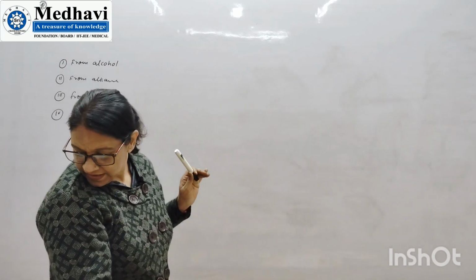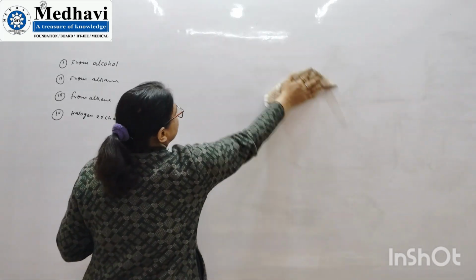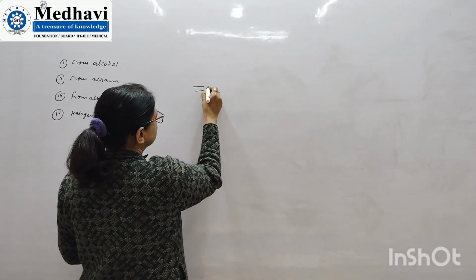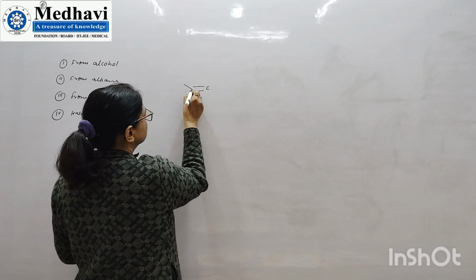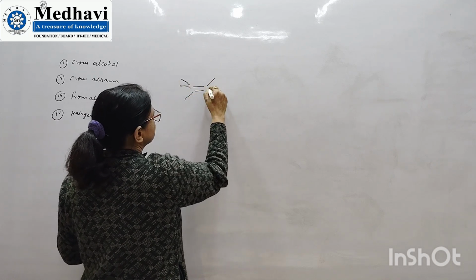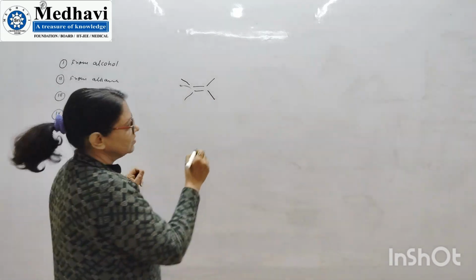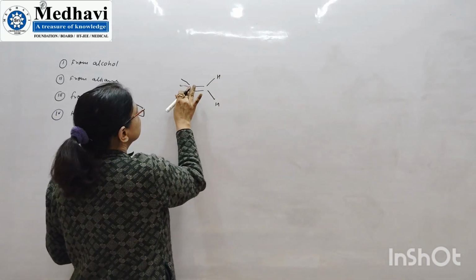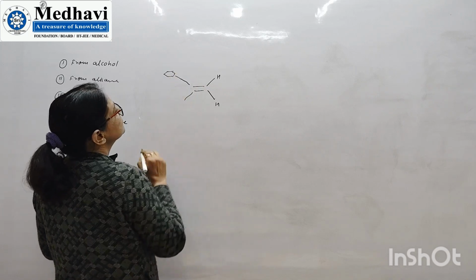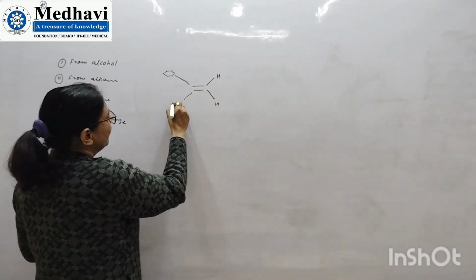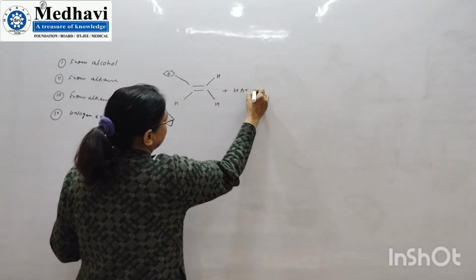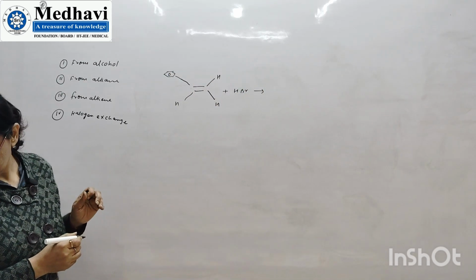The reaction is given here. This is the product. Here H plus HBr. This is the first reaction.